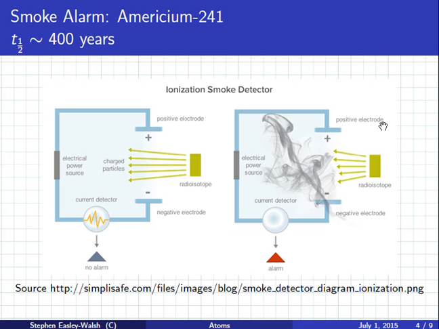Alpha, okay? Now, you know from chemistry what ionization is? Release of electrons. So what happens here is when the alpha hits the air in the room, it ionizes the air we breathe. So, what happens when the air is ionized?